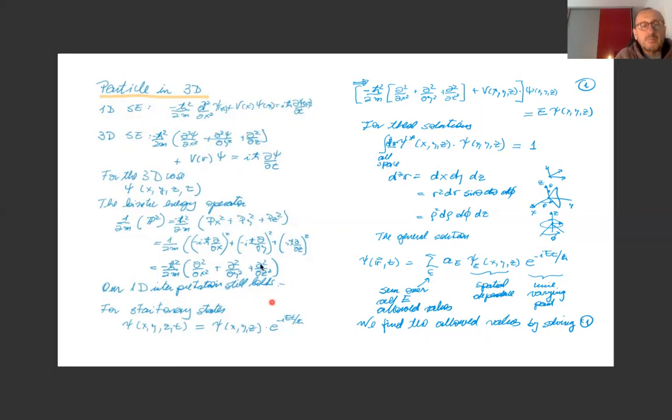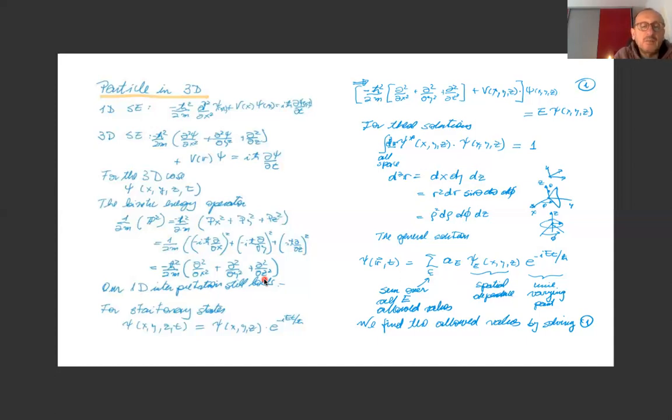So the good thing about this is that the 1D interpretation of this kinetic energy operator still works, and now we are looking for stationary states of this equation, so what we are doing now is trying to solve this equation, or trying to get rid of things to solve the easy parts, okay?